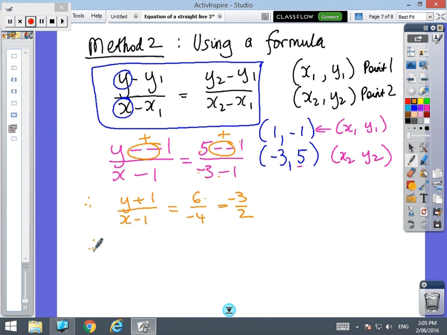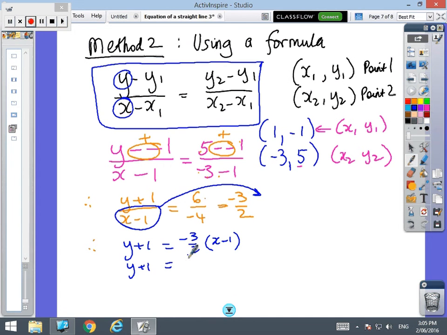That's okay. And then this is a little bit harder. That division goes across and becomes a multiply, like division becomes multiply when you switch sides. So y plus 1 equals minus 3 on 2 bracket x minus 1. Then we expand the brackets out. Minus 3 on 2 times x is minus 3 on 2x.